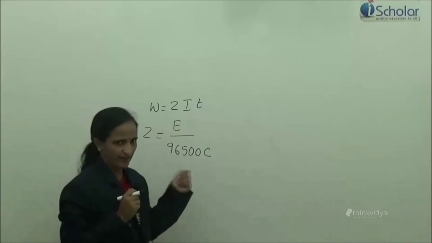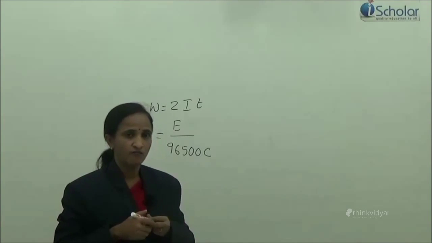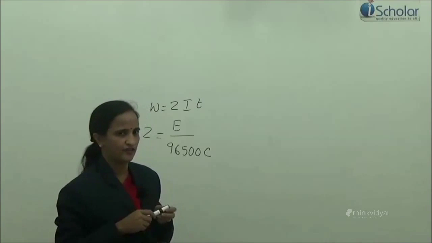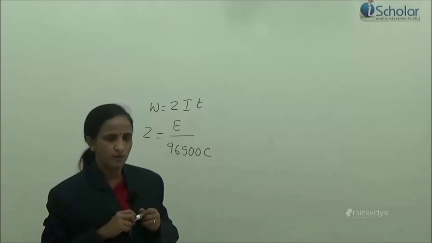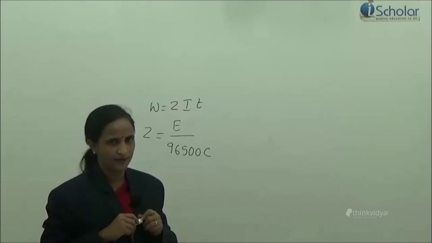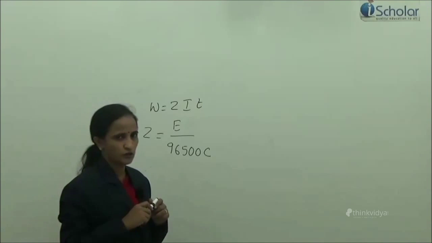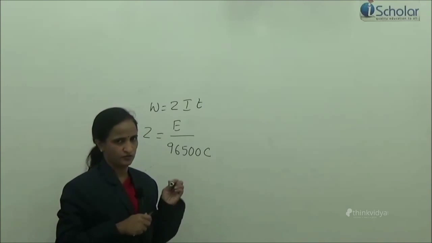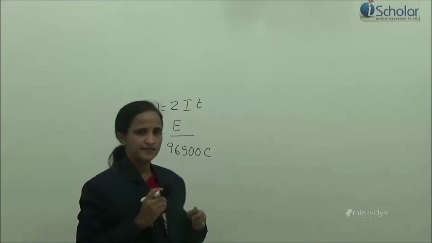In the same way, Faraday's second law of electrolysis states that whenever the same quantity of electricity is passed through two different electrolytic solutions, the quantity of the substance liberated or deposited at the electrode is directly proportional to their equivalent masses. How can we write the formula for Faraday's second law?